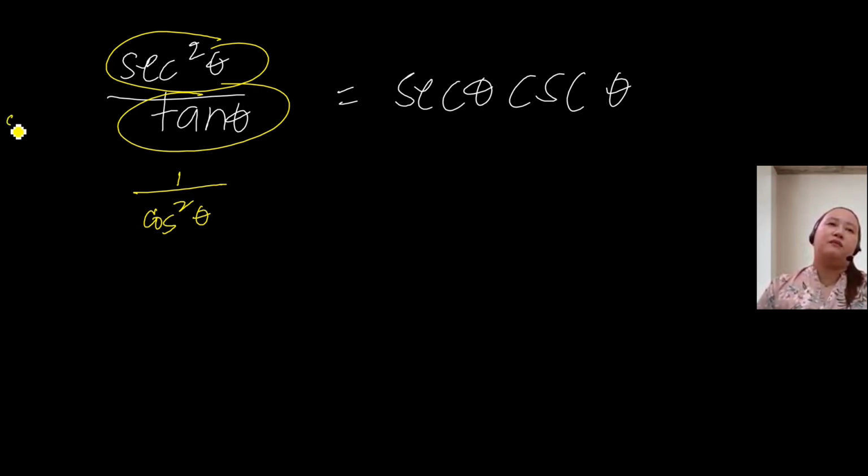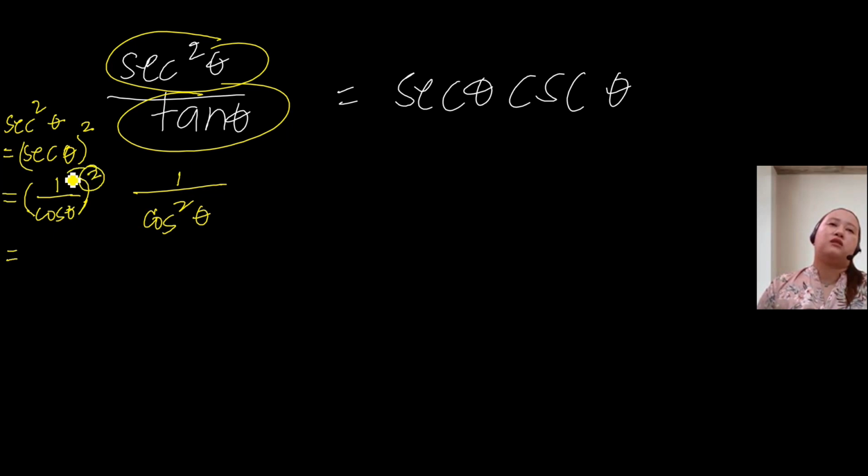Remember that the secant squared of theta is also equivalent to secant theta raised to 2. This is also equivalent to the square of 1 over cosine theta, since secant theta has a reciprocal 1 over cosine theta. So you can actually simplify this.